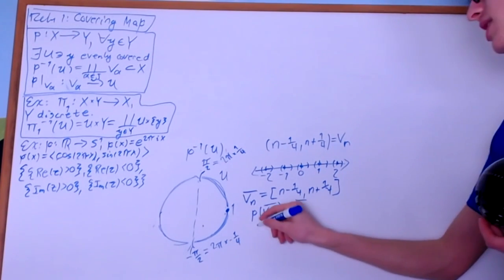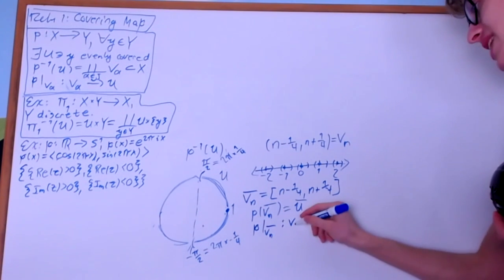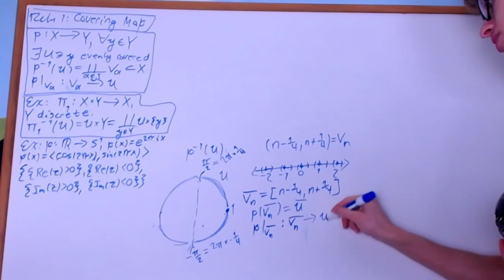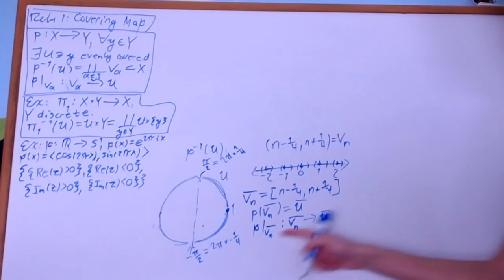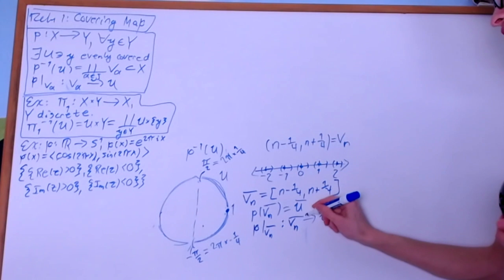What you get is that P restricted to Vn bar is a bijective continuous map from a compact space into a Hausdorff space. And you can prove that any continuous bijection from a compact space into a Hausdorff space is a homeomorphism.